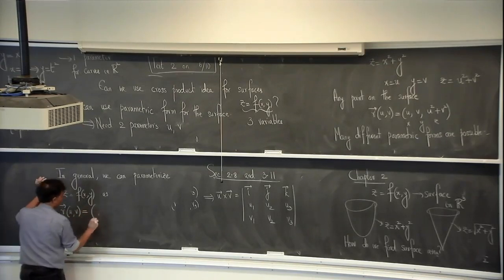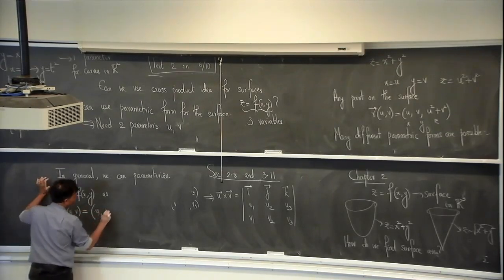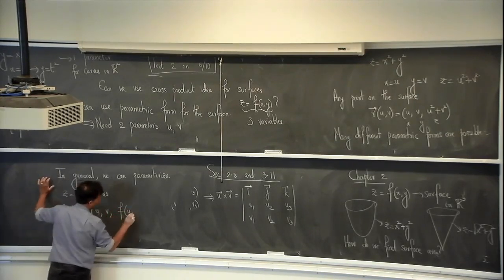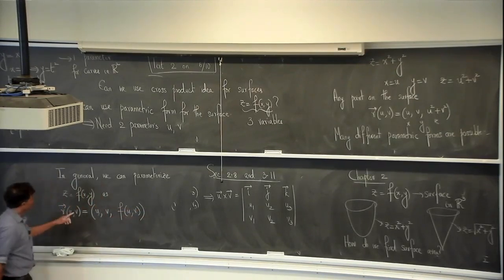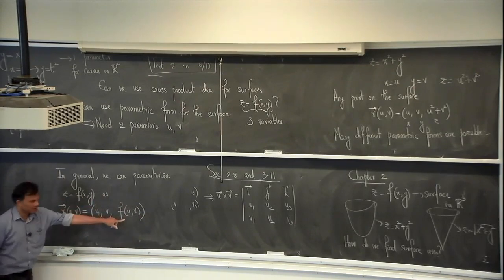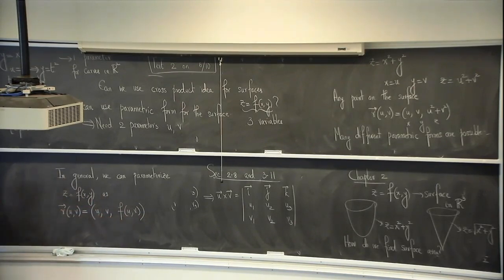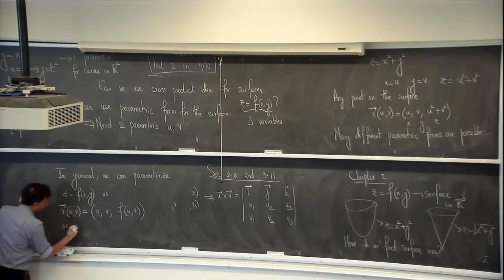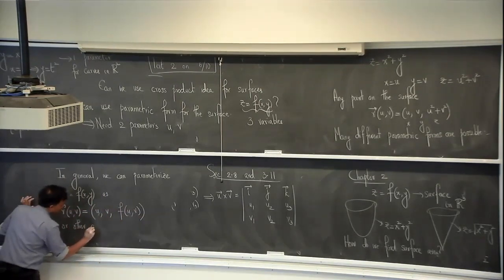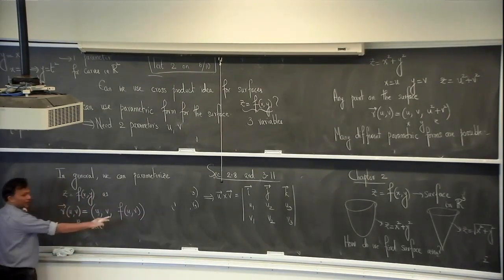As u, v, f of u, v. So x, y, and z. The key thing is that you don't need a third parameter. The two parameters take care of the entire surface. Or other acceptable forms. This is the safest way you can do this.